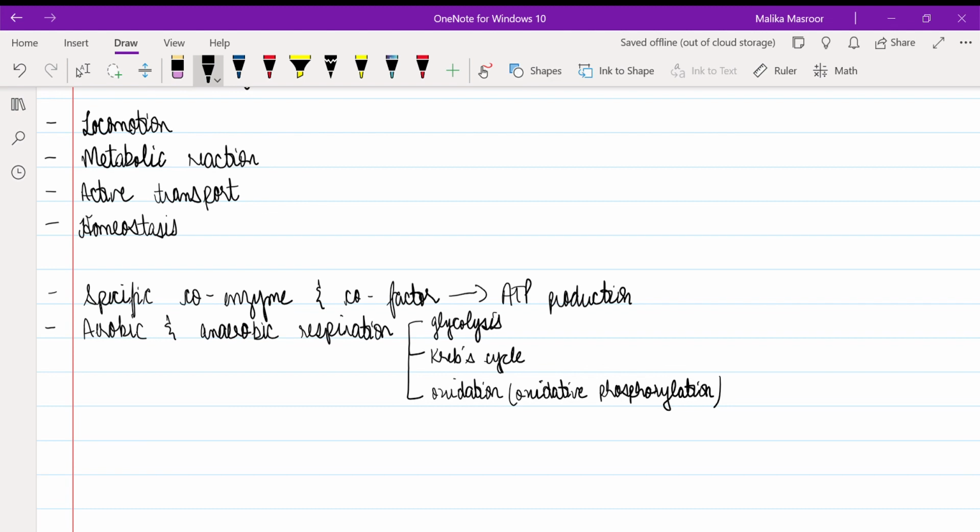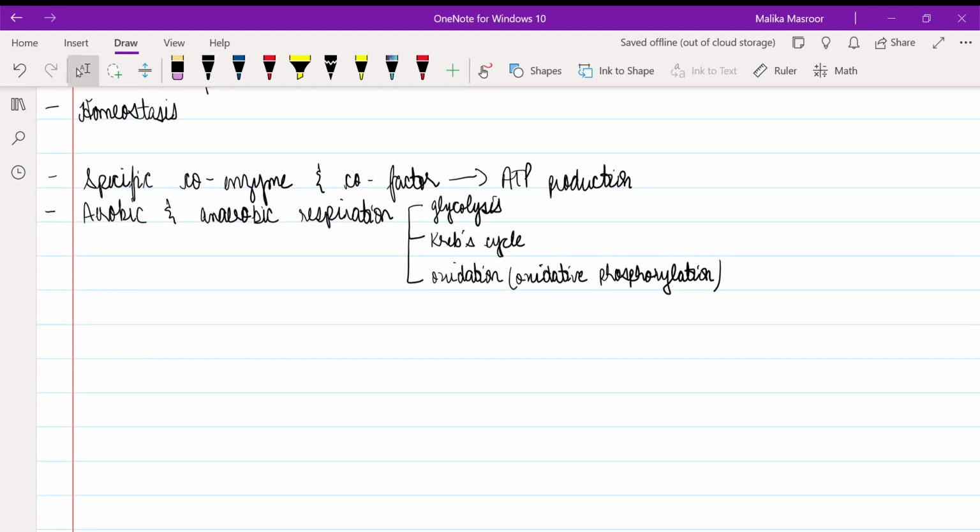Alright, let's talk about the structure of ATP. In the structure, you need to know that ATP is adenosine triphosphate, right? So that would mean 3 phosphates attached.